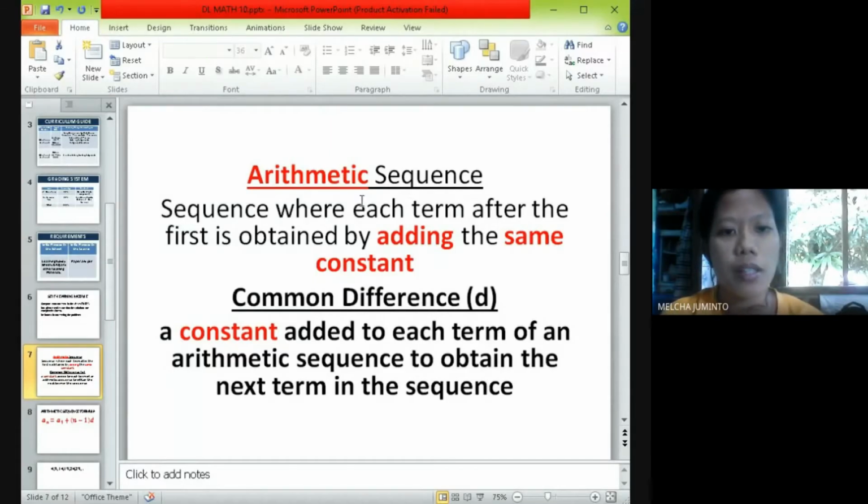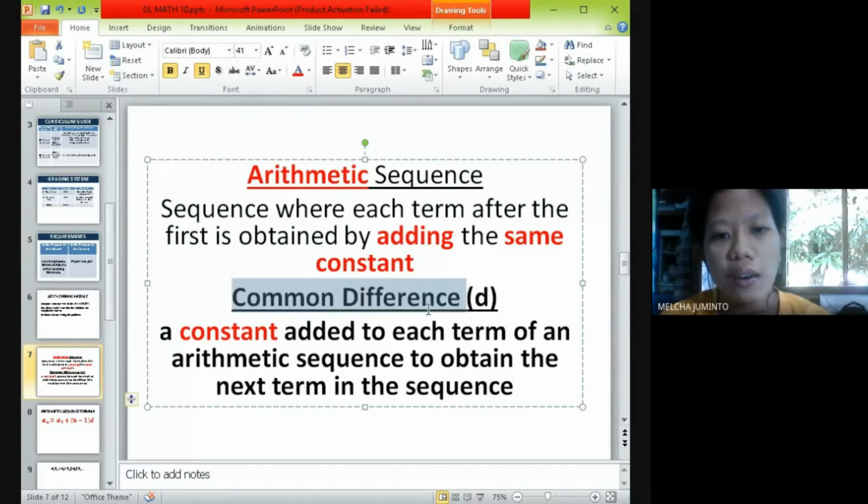The arithmetic sequence is a sequence in which each term after the first is obtained by adding the same constant. So there is a first term, and the next term after that is obtained by adding a particular number, which will be the same number added to the preceding, to the succeeding terms.